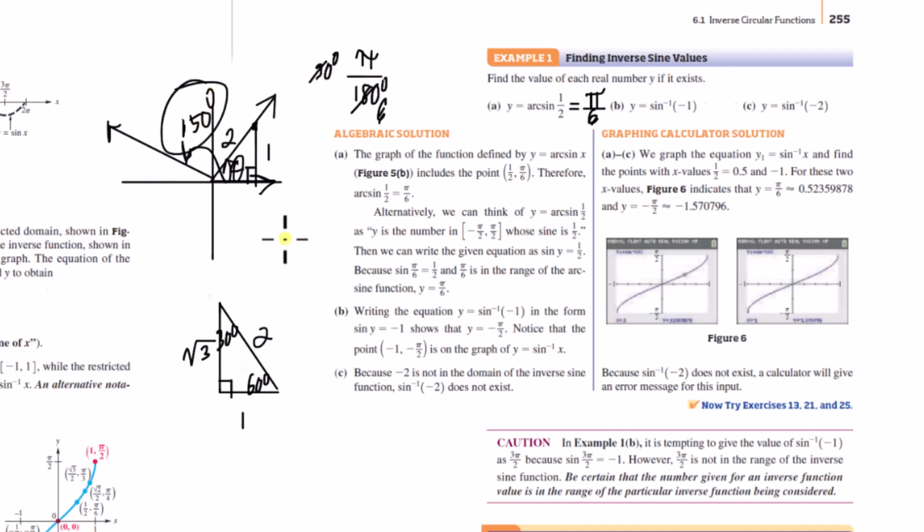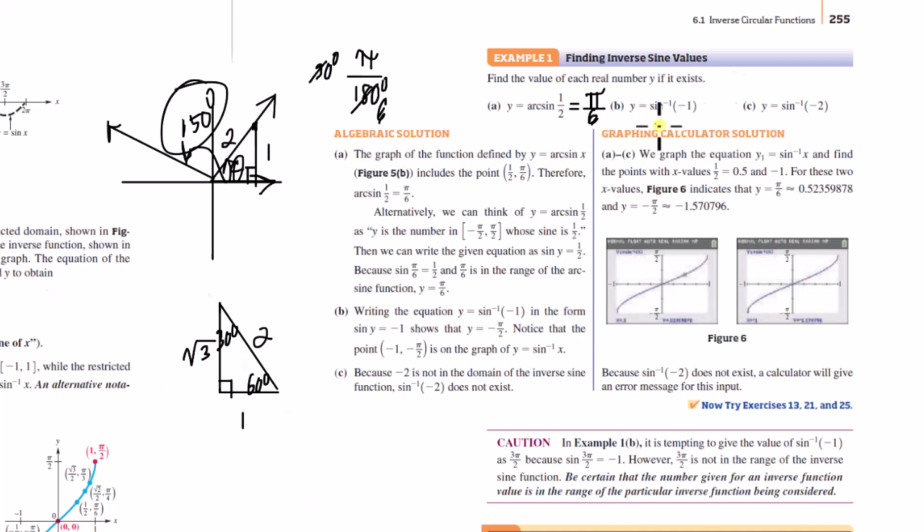That absolutely happens all the time. But in order to define the inverse sine function, the inverse trig functions, we're not going to have multiple outputs corresponding to the same input. Then it would not be a function.